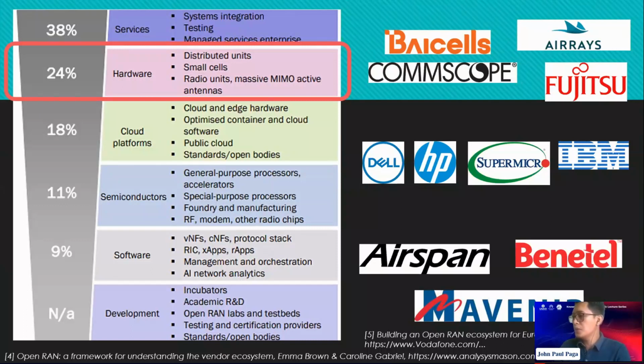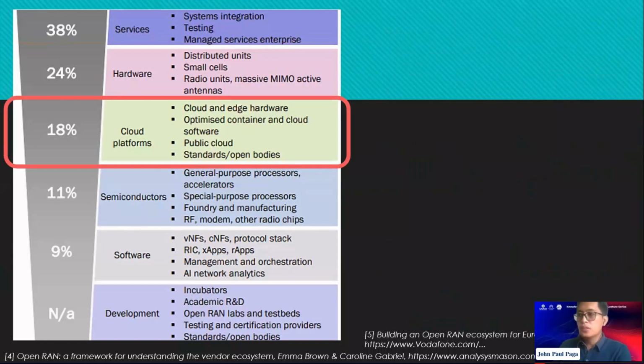We have Airspan, Benetel, and Mavenir for it. They already have small cell setups that we can integrate with our network.